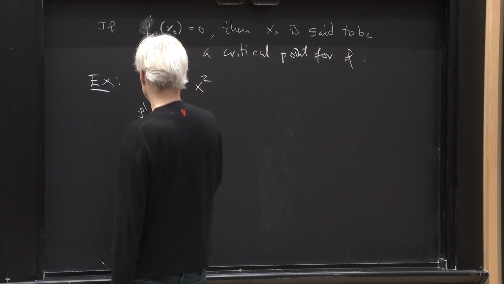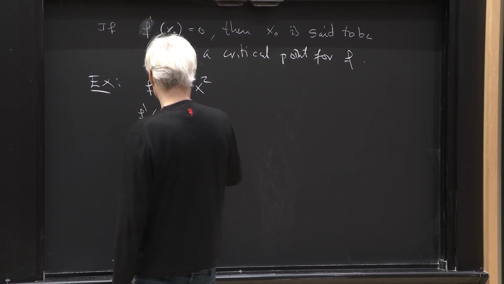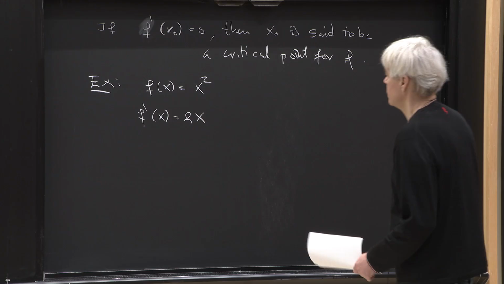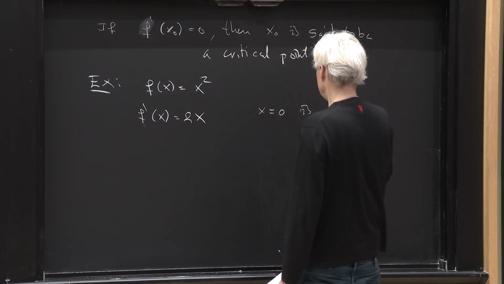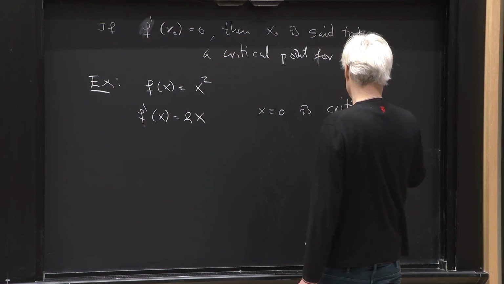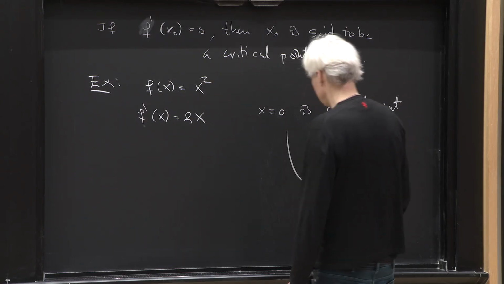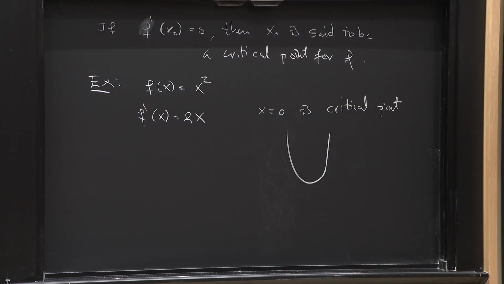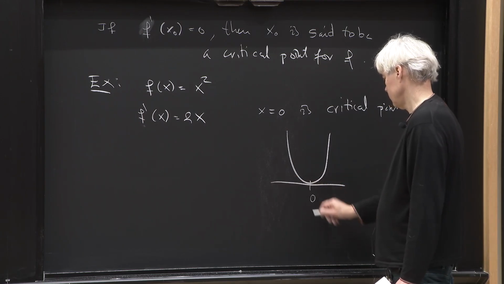So in this case, the derivative is 2x. And so this means that x equal to 0 is a critical point. It's actually the only critical point. And this is how the function looks like. Here you have 0.